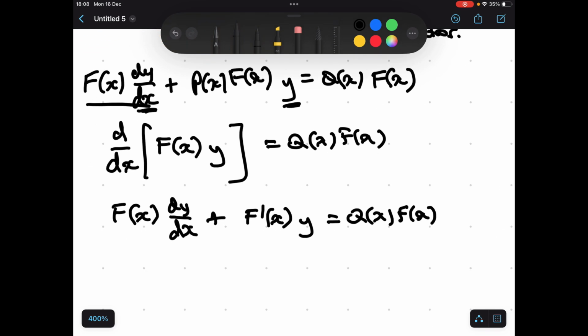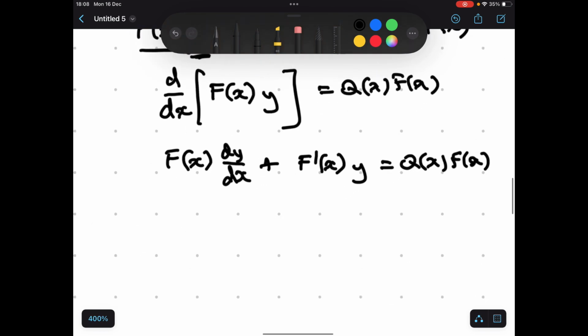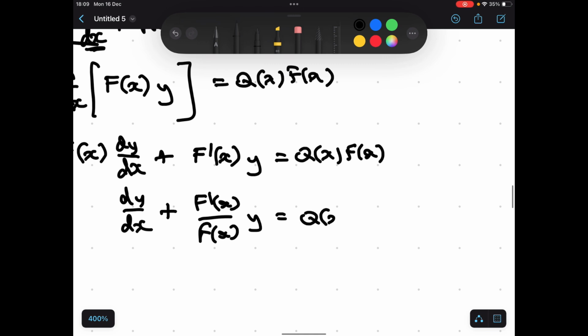Okay, and you might notice, over here, if I go ahead and just divide everything off by f of x, so dy over dx, okay, the f of x cancels here, so we just have q of x.